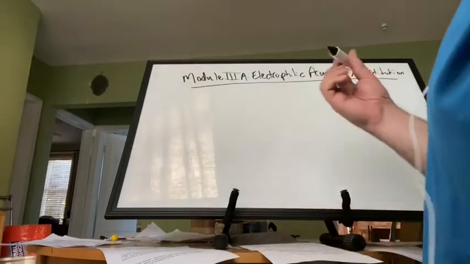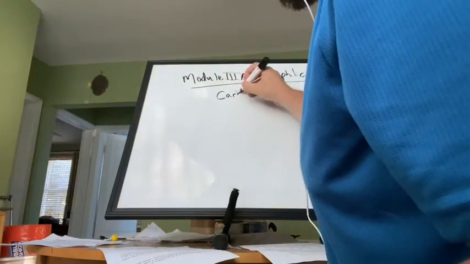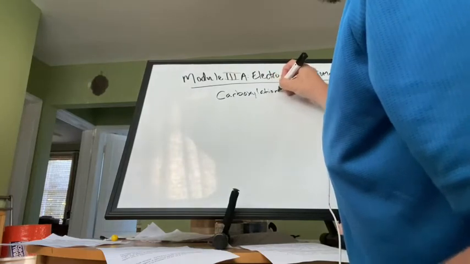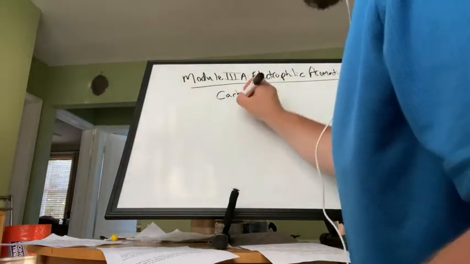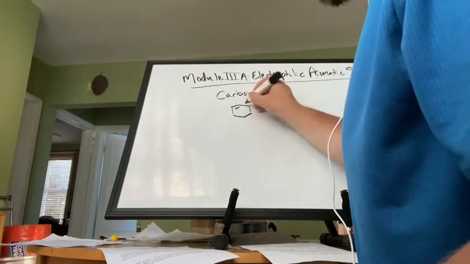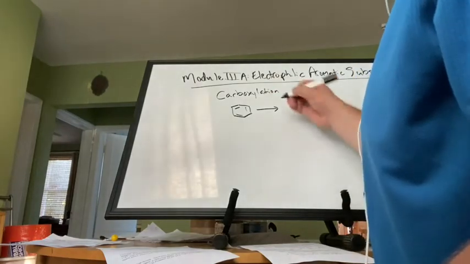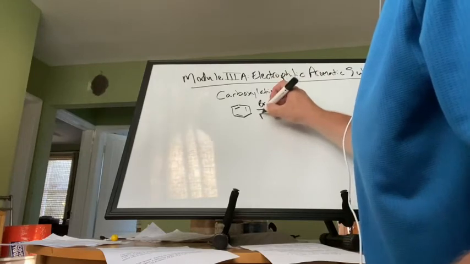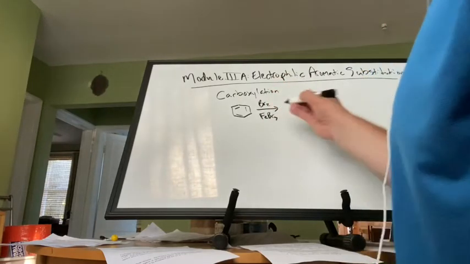Okay, so the next transformation I'm going to go over with you is carboxylation. This is essentially just to form benzoic acid from benzene. But first step is to halogenate. So let's say we take Br2 and we use FeBr3.